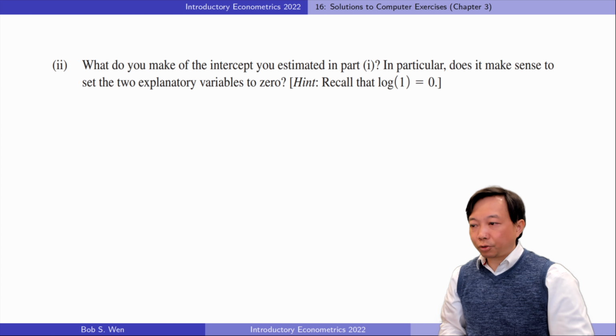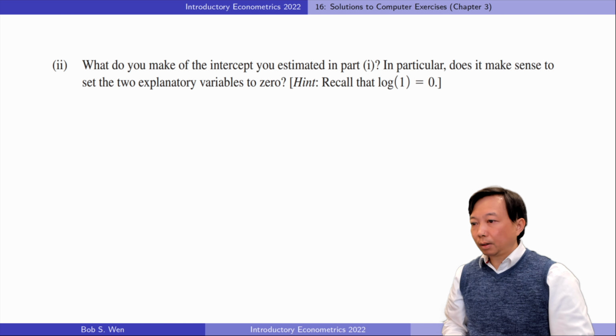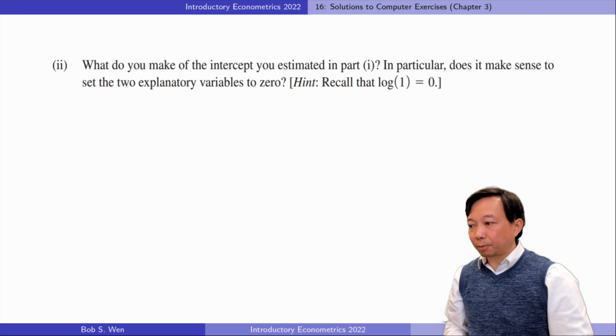For the second question, it does not make sense to set the log of expenditure variable to 0. The expenditure is measured in dollars, so a 0 of the log expenditure means $1 per student. That is impossible.